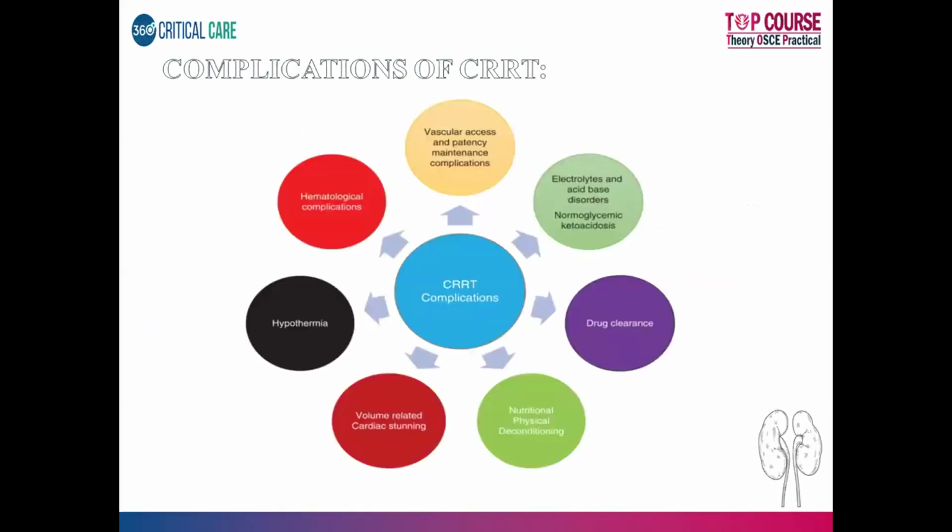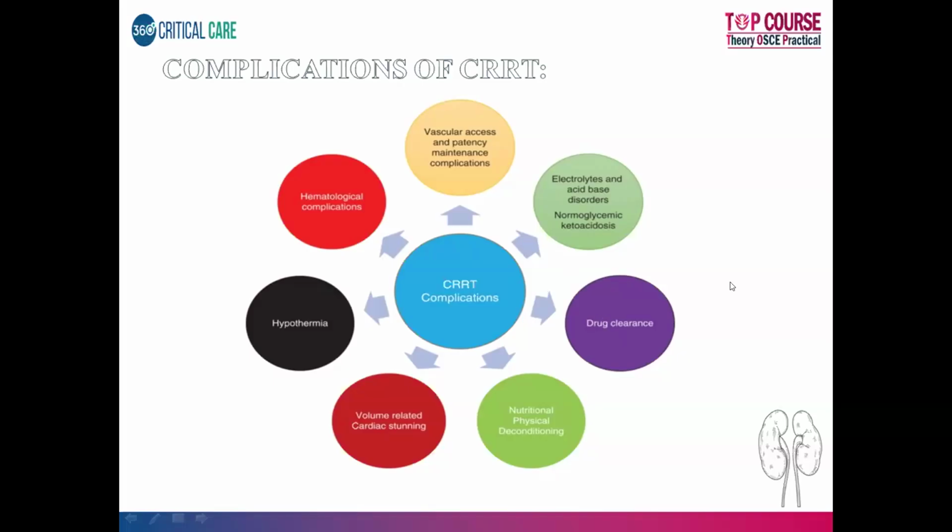So now coming to the complications of the CRRT. So one is, we know the vascular access related complications. Second, I told, electrolyte and acid balance disorders. Third is drug clearance. So this is one of the topics, the drug clearance in CRRT is a very big topic. So if time permits, we'll discuss it later.